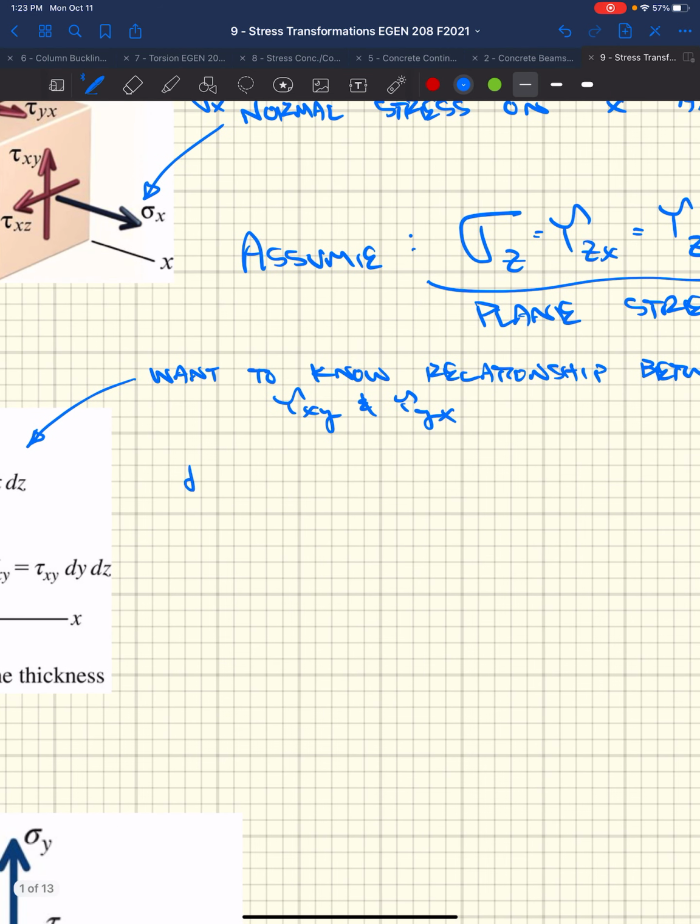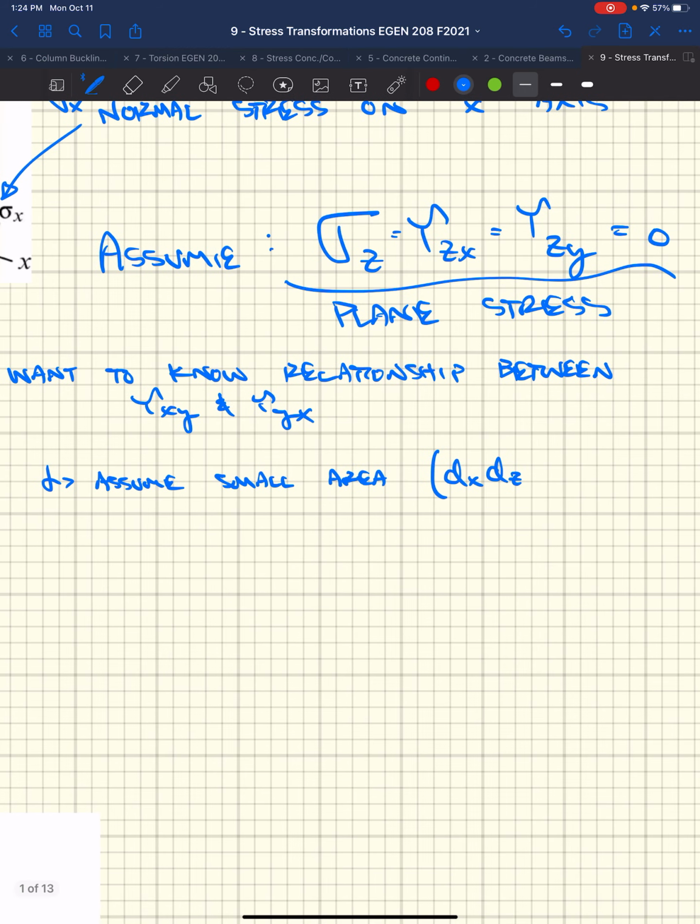So we assume a small area, say dx times dz, or dy times dz, right? Those are our areas on both of those faces.